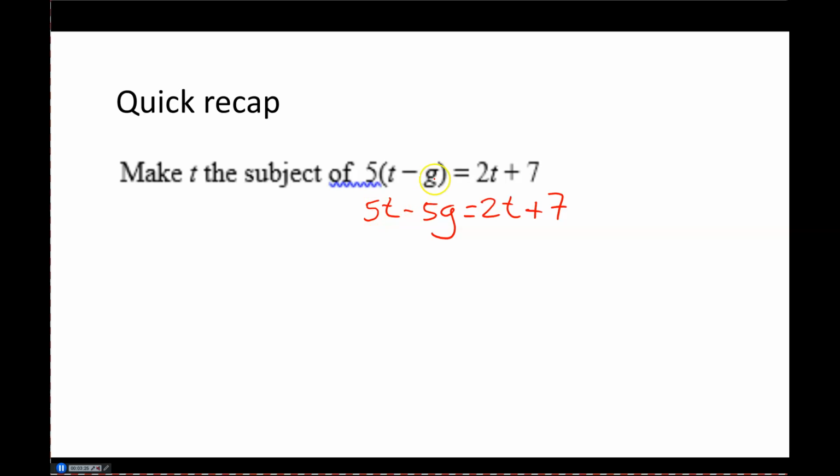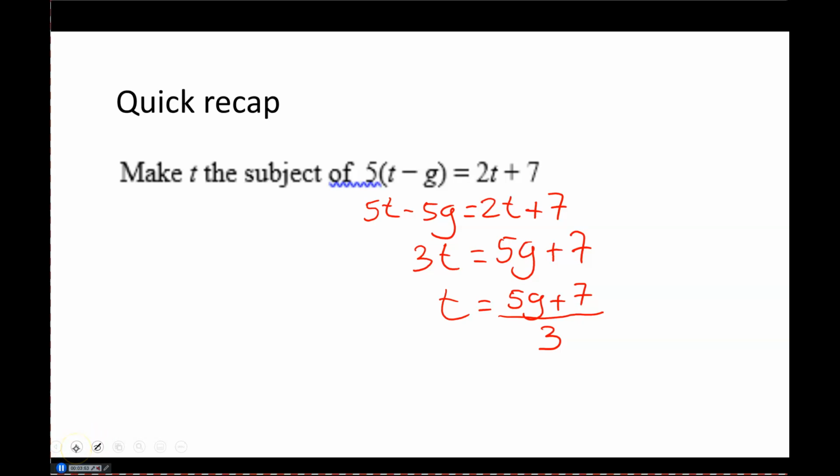So we've got 5t, take away 2t. We would have to add our 5g, and then to get t on its own, we can divide by 3. I'm just going to write it out like that. So we've got t the subject of the formula. Just a recap of some of the work we were doing last week.